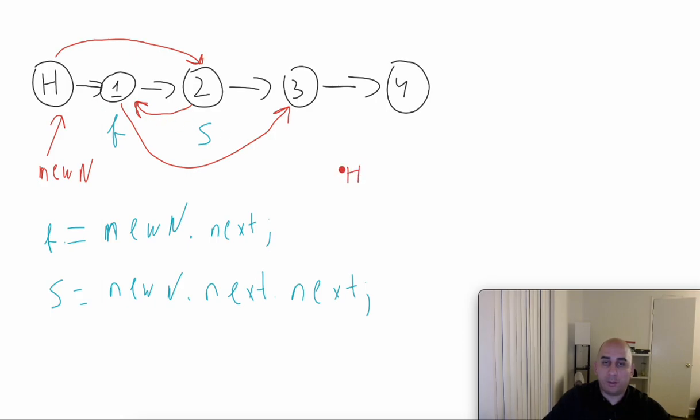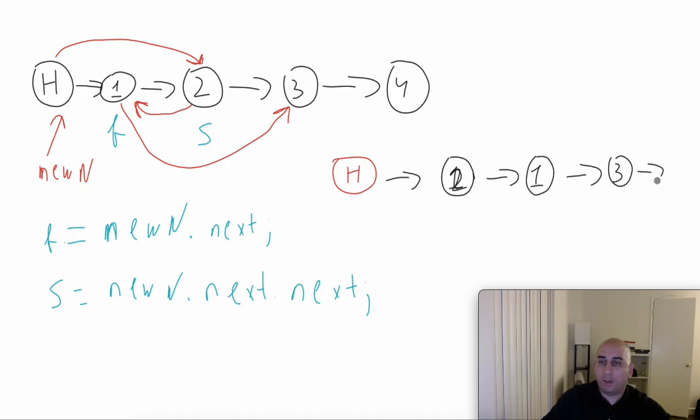So if we are pointing this way, what do we get after the first iteration? We have the helper node, we have the second, because we swapped already, we have the first, and we have the third and the fourth. But we also need to swap this pair.